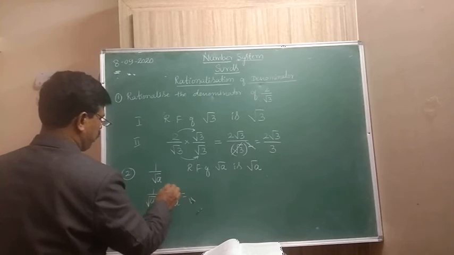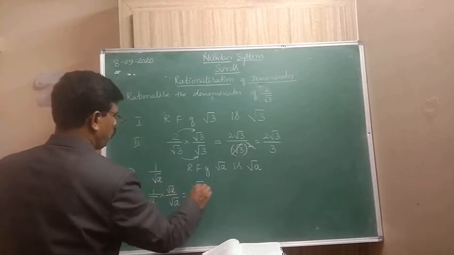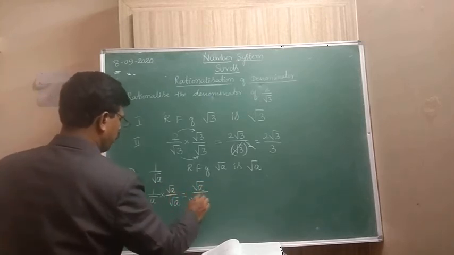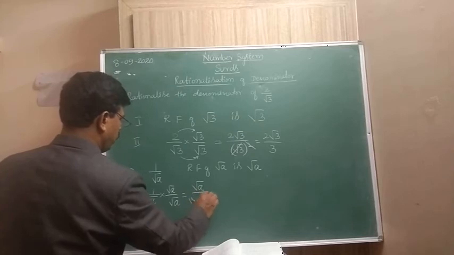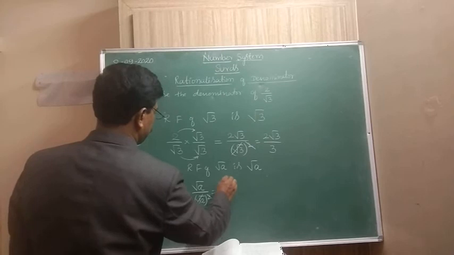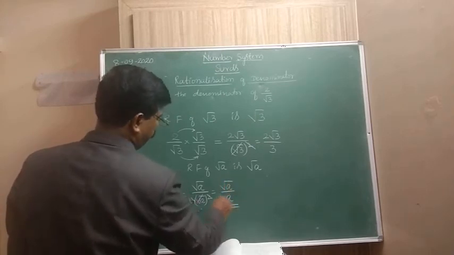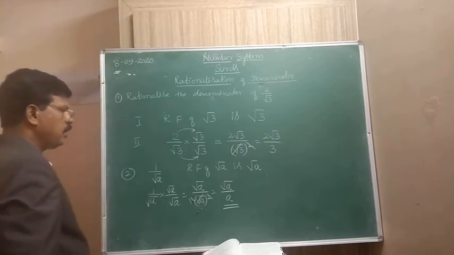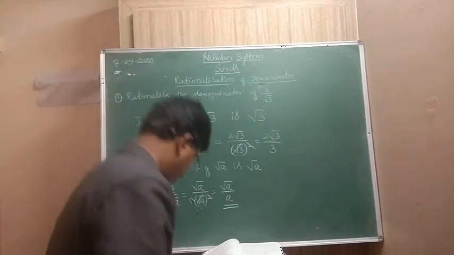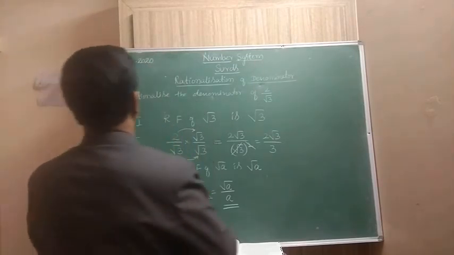That is 1 into root a is root a, by root a into root a whole square. Square cancels. This is root a by a. Clear? Now let us take one more example.